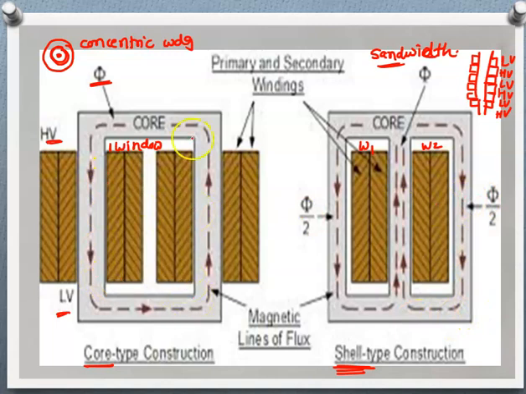Here we have only one magnetic path for the flux to pass through. Both core type and shell type construction have their own advantages. In core type construction, the cooling is better, but the protection of winding is better in shell type. So according to requirement, we use both types of construction, the core type and shell type.